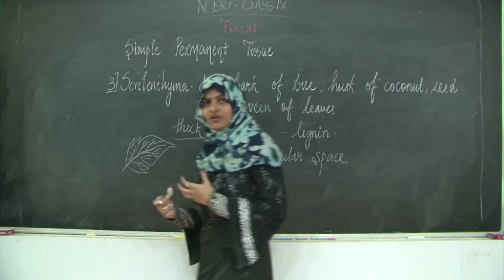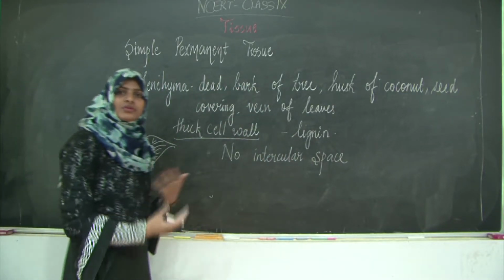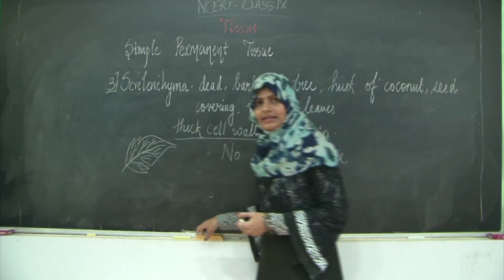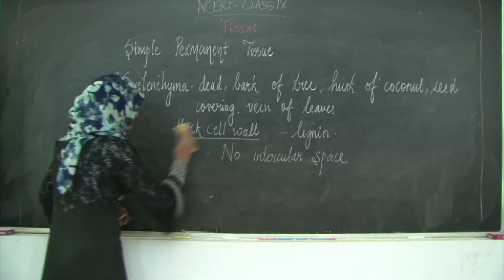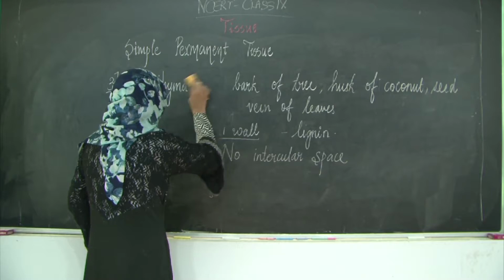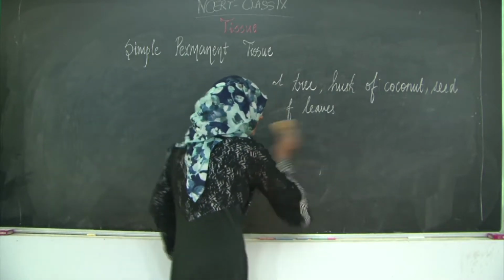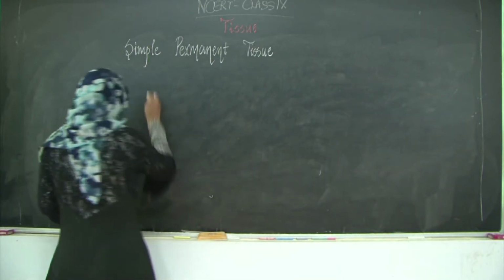Okay. Apart from this, there is one more type of tissue which covers the outermost covering of everything in the plant body. And that is nothing but your epidermal cells. Now, it is not a type of simple permanent tissue, but all the plants are covered with the outermost layer called epidermal cells.